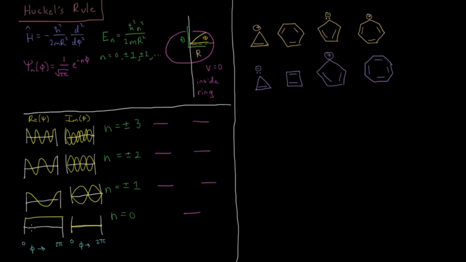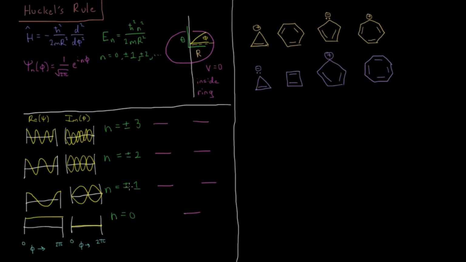So if we look at what the form of these wave functions looks like as we go around the ring, as a function of phi at the various energy levels, at n equals 0 we've got 1 over the square root of 2 pi times e to the 0, which is 1. So the real part is all real, and the imaginary part is 0 all the way around, no fluctuation.